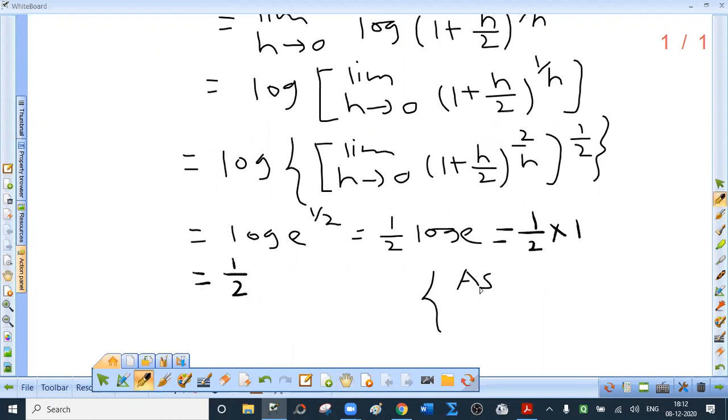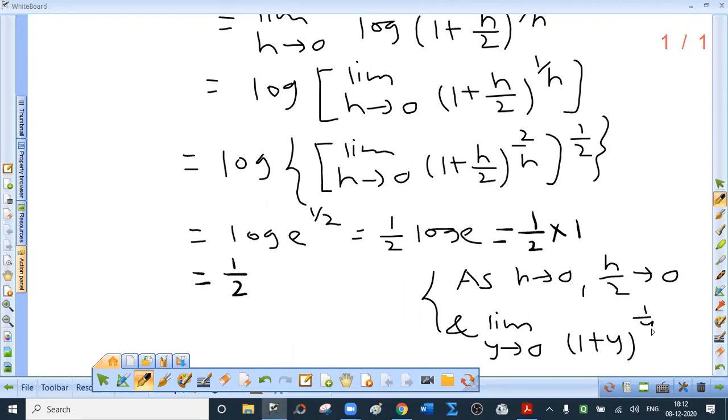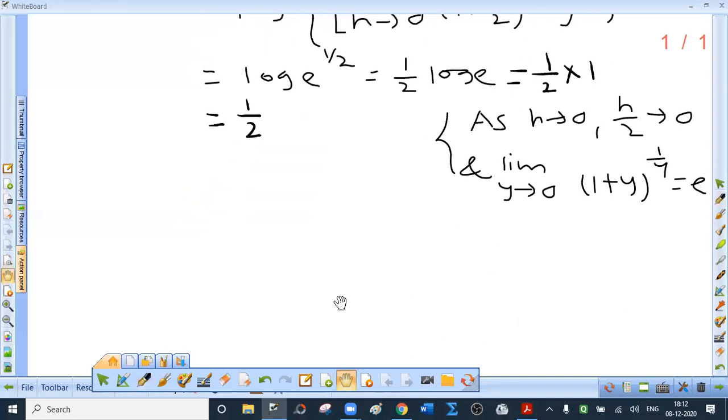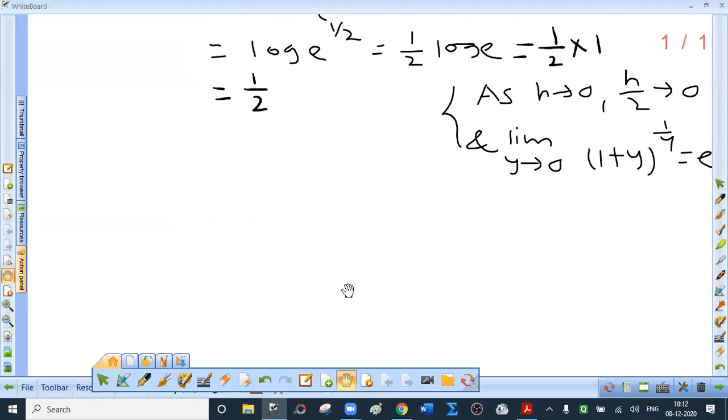You have to say as h tends to 0, h by 2 also tends to 0, and limit y tends to 0, (1 plus y) raised to 1 upon y is nothing but e. In fact, for CET, I'll show you the previous part. Just wait for a minute.